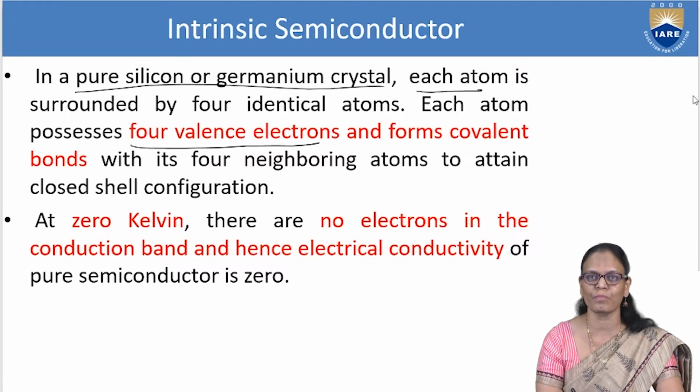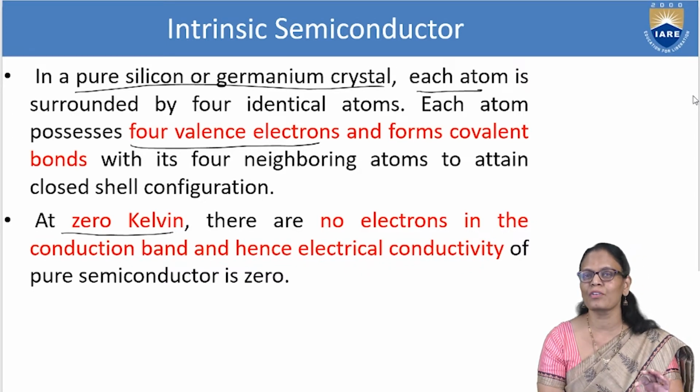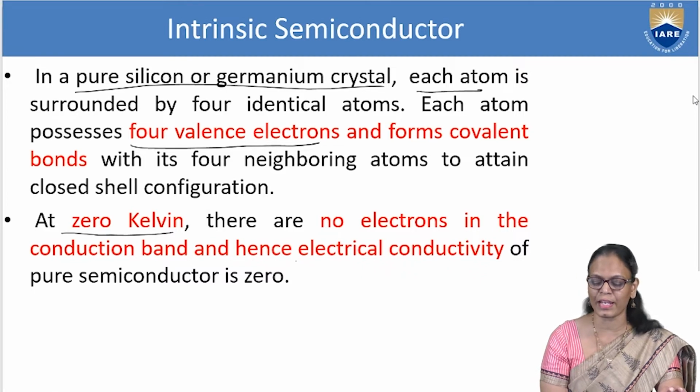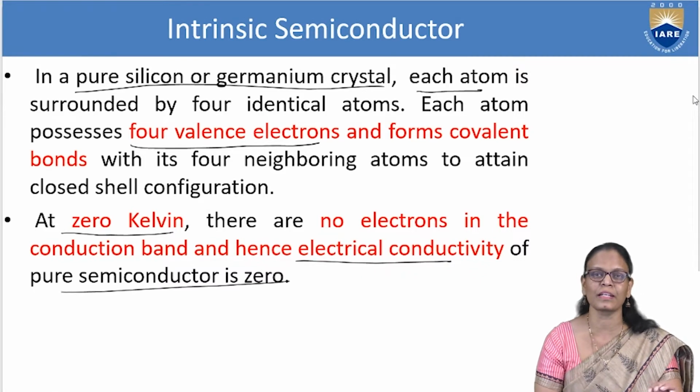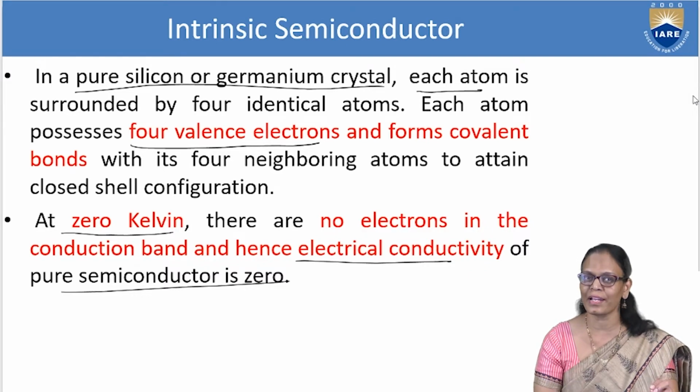And at 0 Kelvin temperature, there are no electrons which are free, means the conduction band is completely empty. So there is no conduction, and hence the electrical conductivity of the semiconductor is 0, means it does not conduct. So a pure semiconductor at absolute 0 will behave like an insulator.